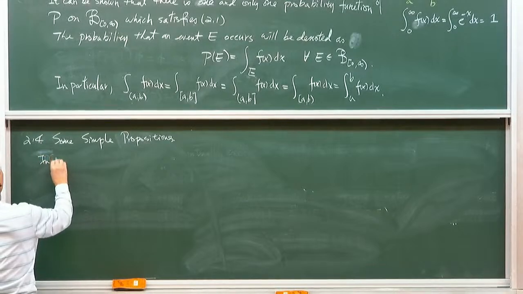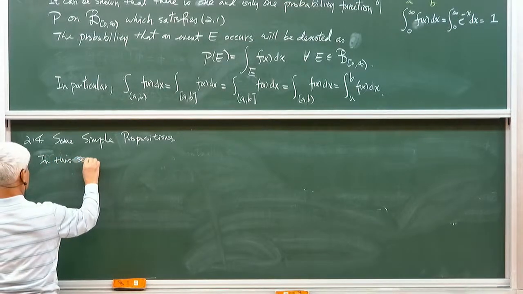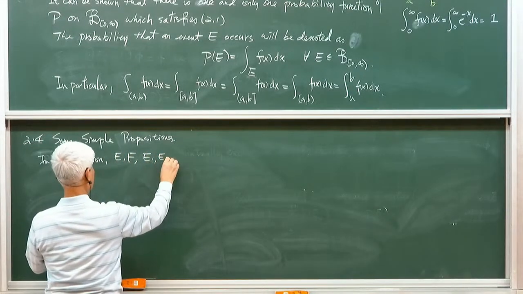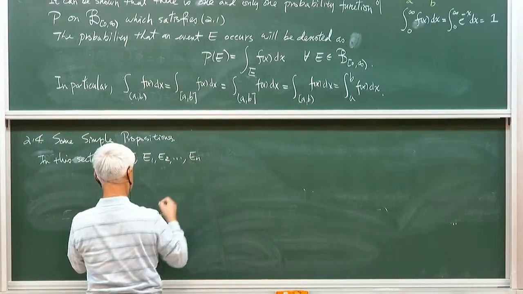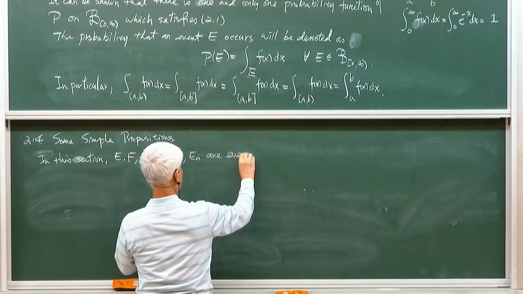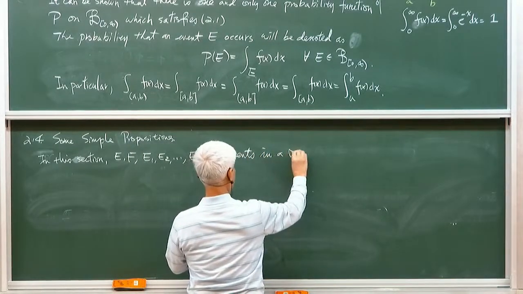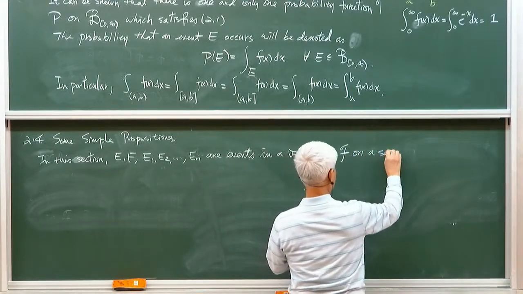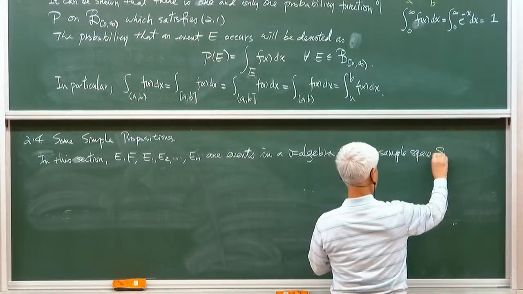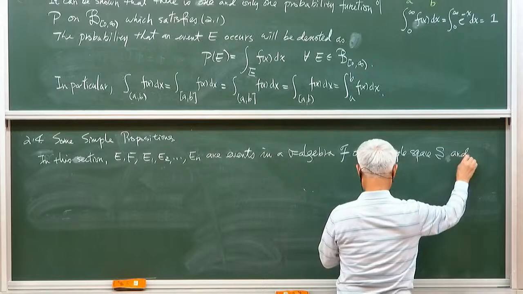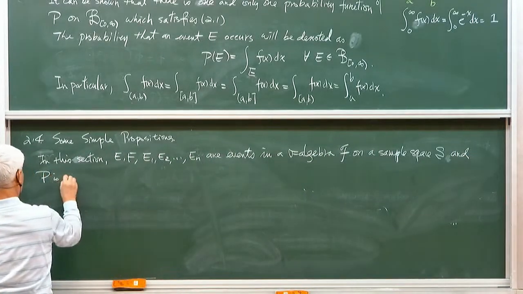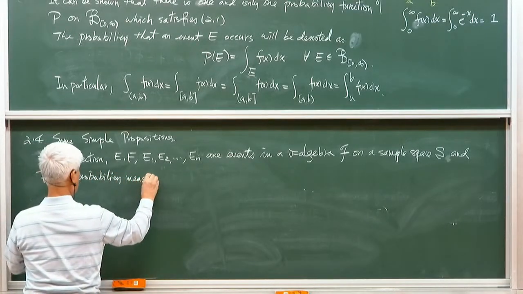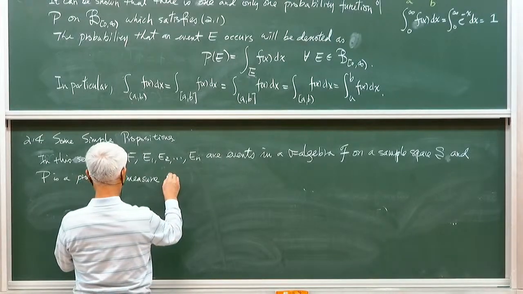In this section, E, F, E1, E2, up to En are events in a sigma algebra F on a sample space S, and P is a probability measure, or function.